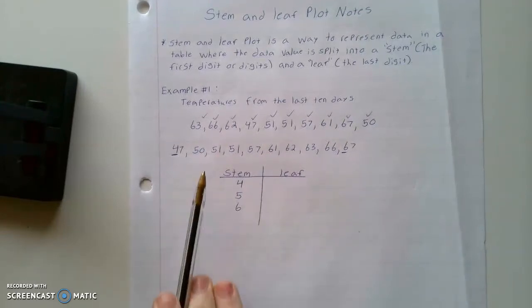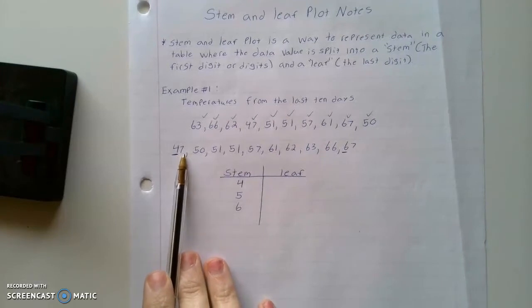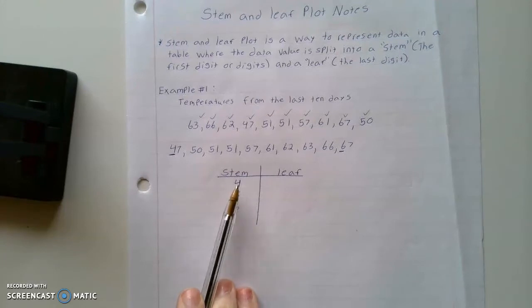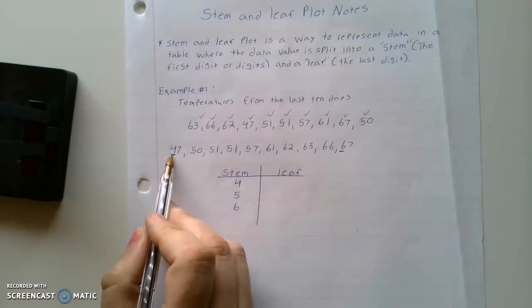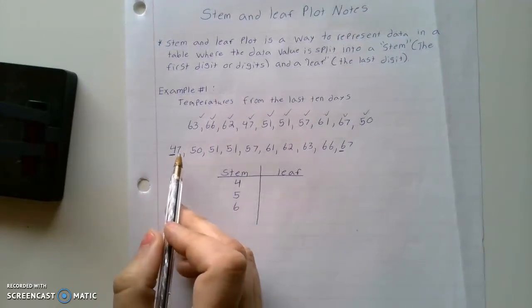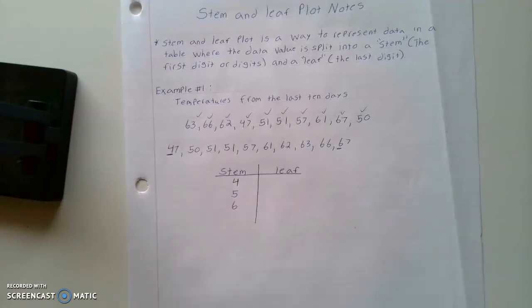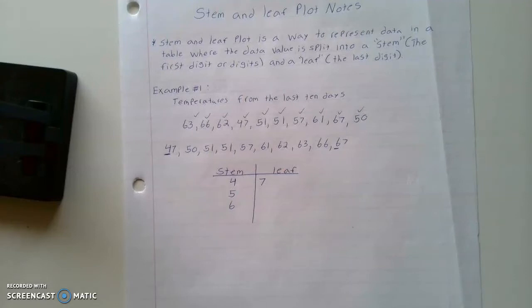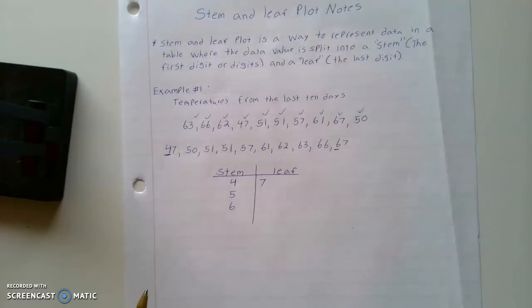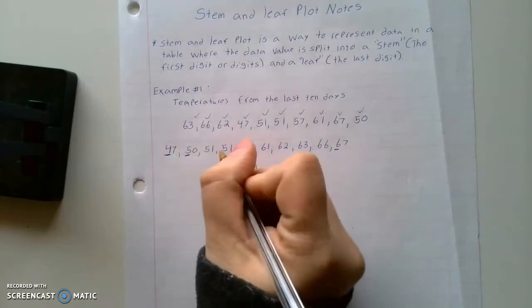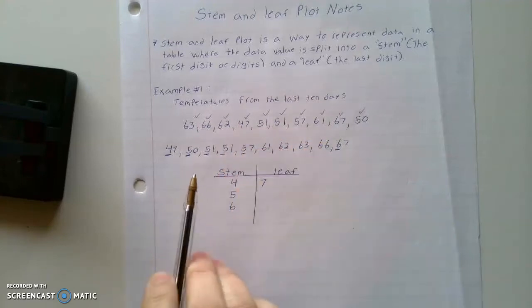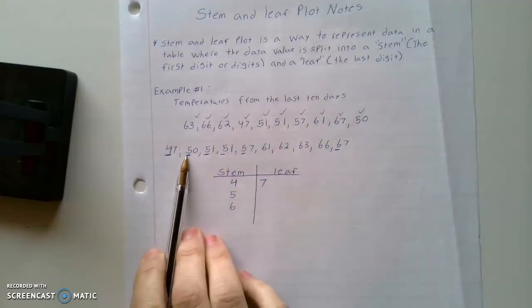Now our second, or this last digit here, this is our leaf. So I'm looking for all my numbers that have a stem of a 4, or a first digit of a 4. Okay? And my last digit here is a 7. So my leaf is going to be a 7. Now, that's all I have for my stems of 4. So now I want to look at my stems of a 5. Anything in the 50s, that first digit is a 5.